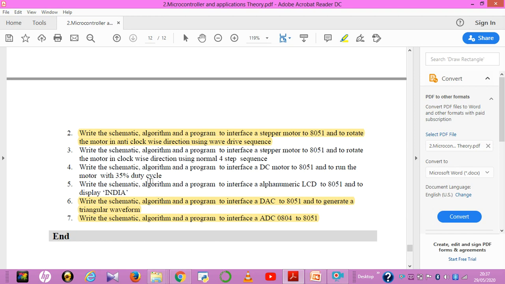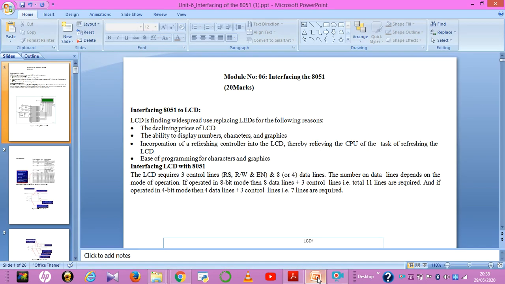Now we'll see how you are going to interface these peripherals with 8051. These are the important questions. You have to concentrate and practice more, and you will surely get these questions in external exams. Now we'll go to the PPTs.